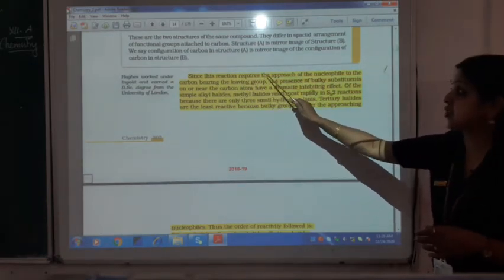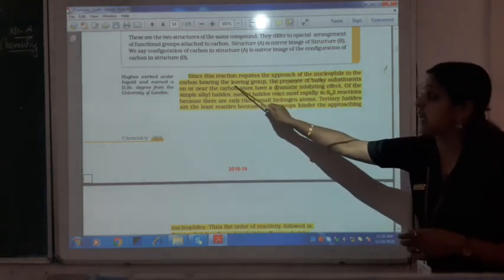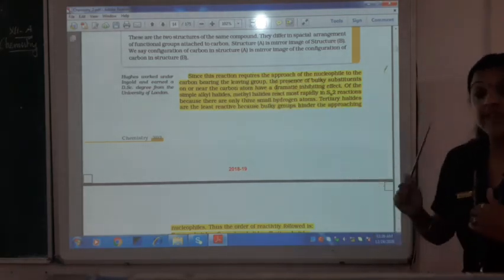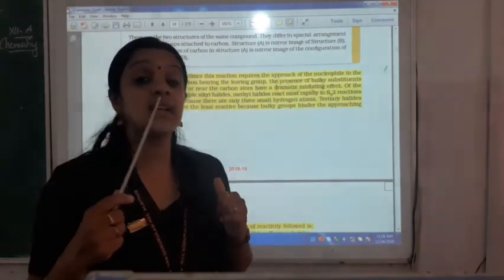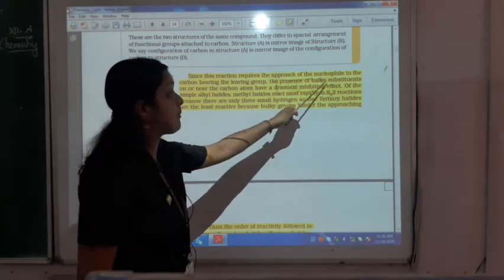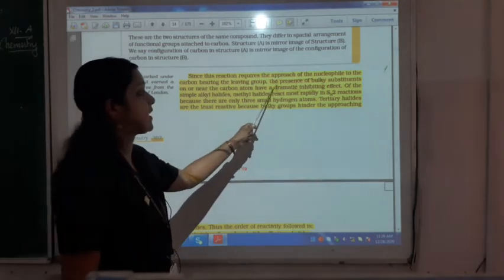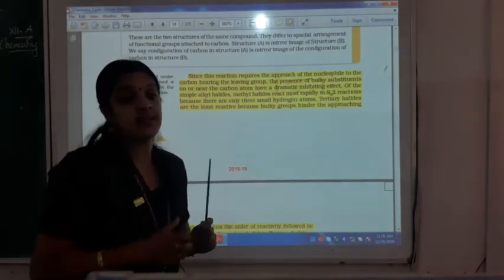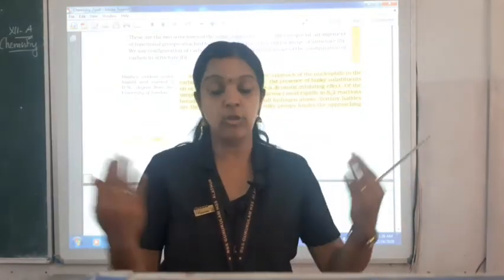Since this reaction requires approach of the nucleophile to the carbon bearing the leaving group. Where is the nucleophile coming and attacking? The nucleophile is coming and attacking the carbon which is having the leaving group. The presence of bulky substituents on or near the carbon atom can have an inhibiting effect. See, I have already 3 or 4 people close to me.